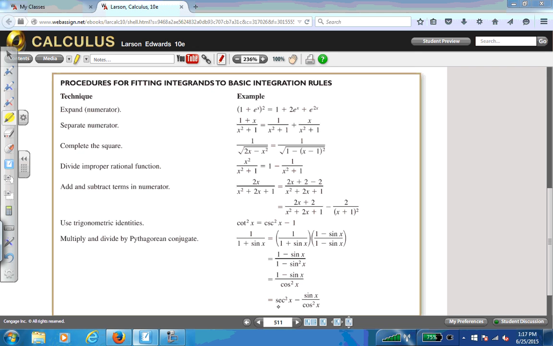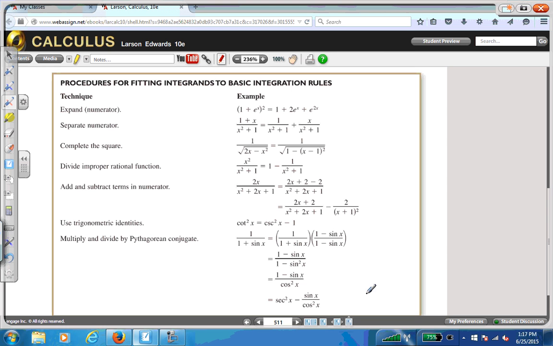That's something we can integrate. Here, sine over cosine squared, if you were to let u be cosine, then du would be minus sine x dx. So we basically have u squared on bottom, du on top. So that's something that we could also integrate.